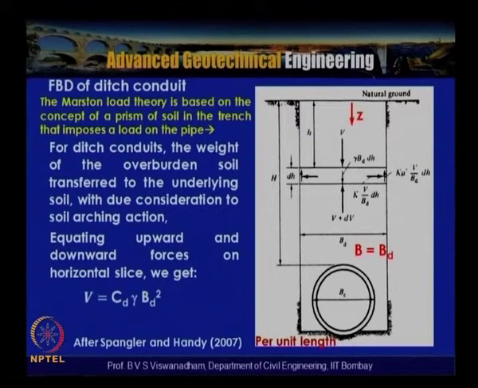The self weight of the soil within the wedge is gamma, the unit weight of the soil backfilled into the trench after installing the pipe, into Bd into dh. So Bd into dh into 1 is the volume per unit length, into gamma is the weight of the slice, a weight force acting like this.